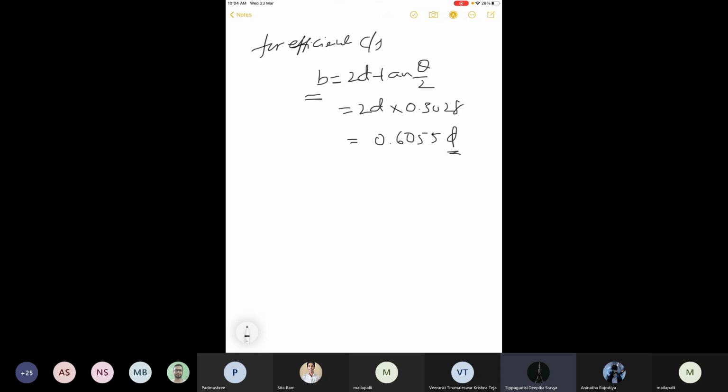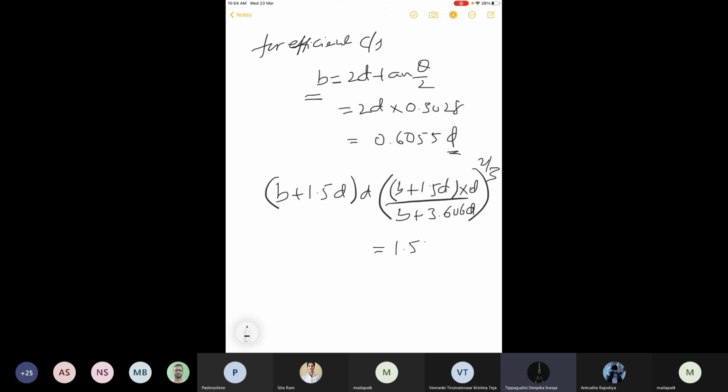That is (B plus 1.5D) into D, into (B plus 1.5D) into D, divided by (B plus 3.606D), all to the power 2 by 3, which is equal to 1.5336.